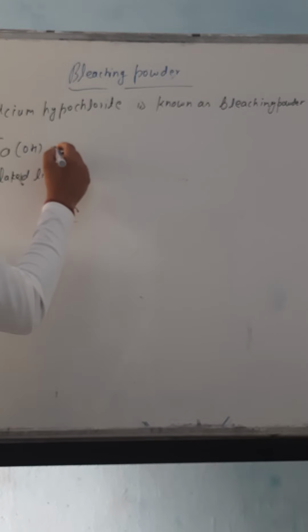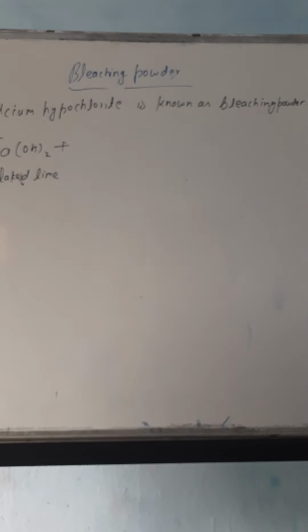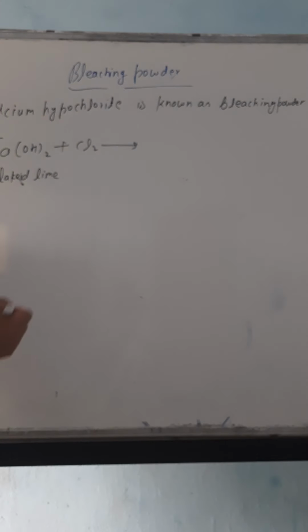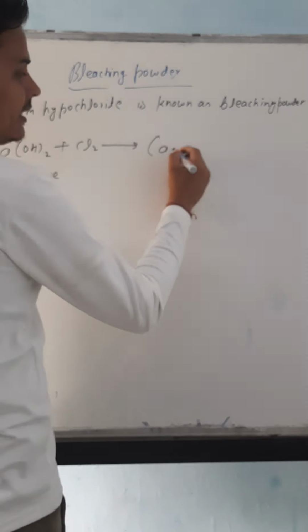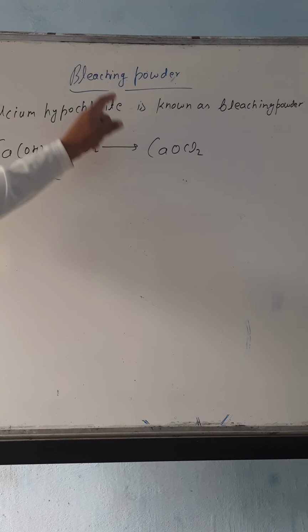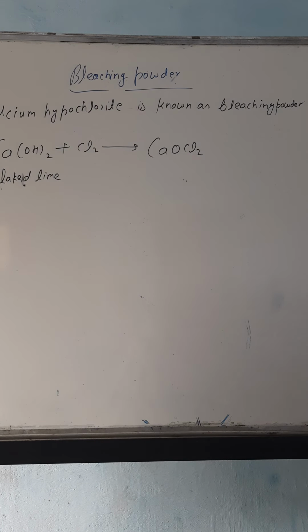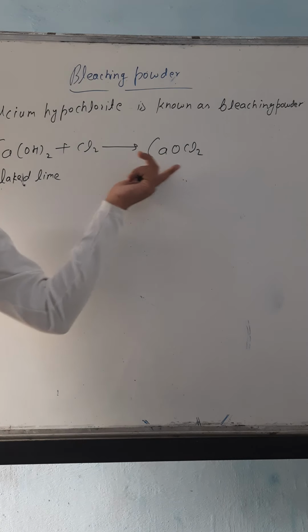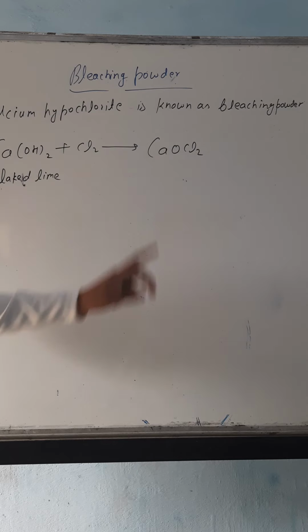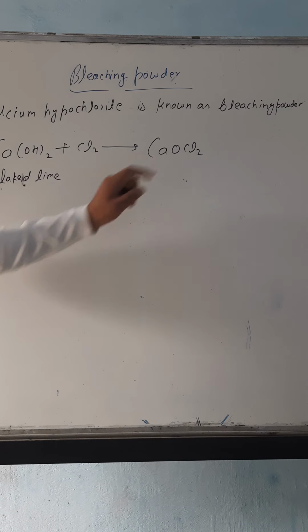So when we pass chlorine gas through this slaked lime, we get calcium hypochlorite, that is CaOCl2, commonly known as the bleaching powder.